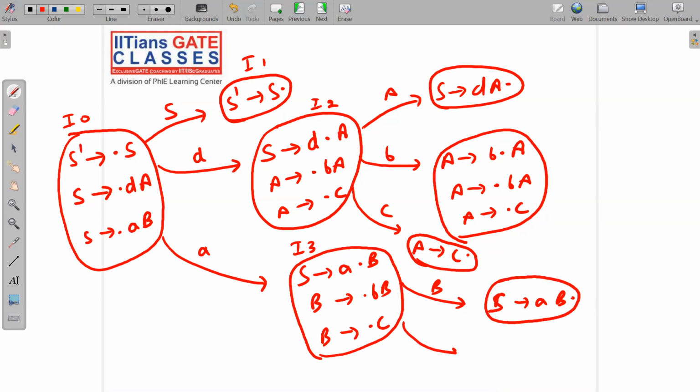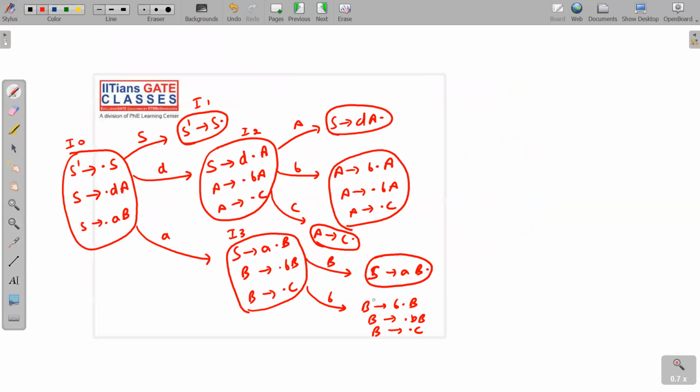On reading small b, we go to B goes to B dot B, and since dot is present in beginning of B, I will add all the B productions. So B goes to dot BB and B goes to dot C. Now what about my small c?